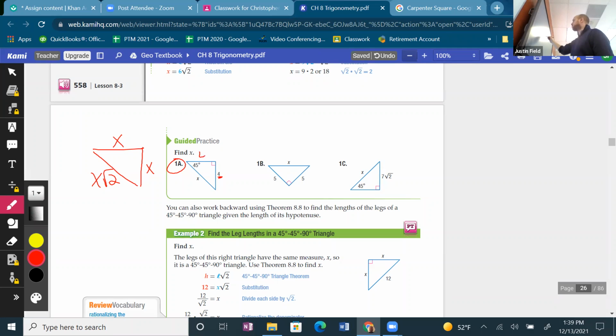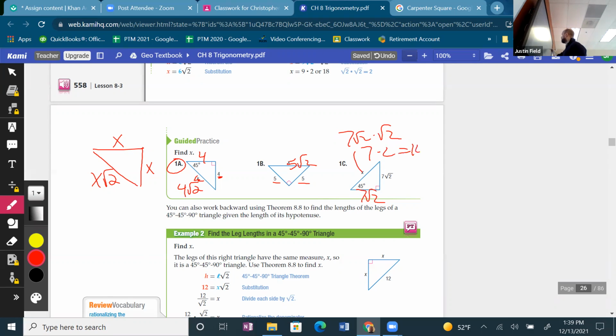So I know that the other leg is also 4, and the hypotenuse is 4 times the square root of 2. In this one, we have both the legs, so we know 5 root 2. This one, 7 root 2, so we know that the other leg is 7 root 2, and the hypotenuse would be 7 root 2 times root 2. And what is root 2 times root 2? It's 2. So 7 times 2 is 14.